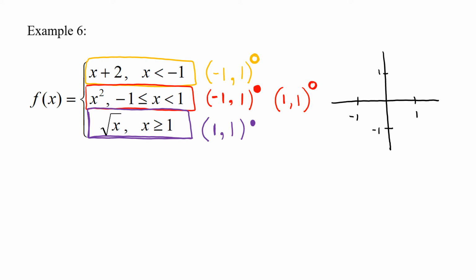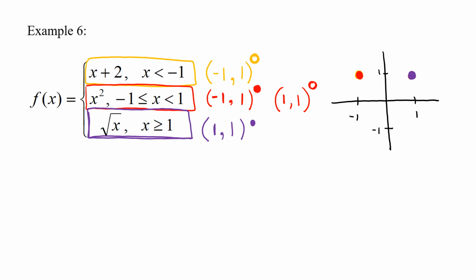Then I'm going to plot my points. I have a point at -1, 1, that's my open circle. And then I have a closed circle at -1, 1, so I filled in that circle. Then I have an open circle at 1, 1. And then I have a closed circle at 1, 1, so I've filled in that circle.